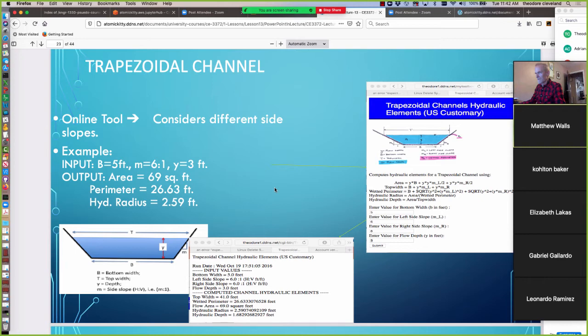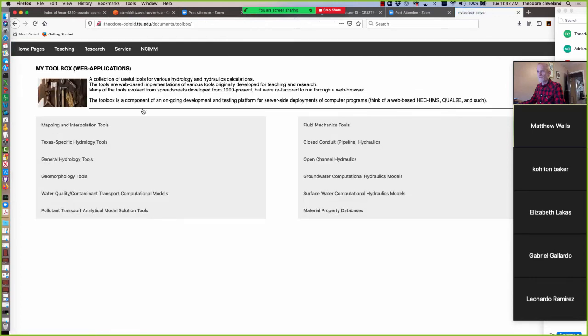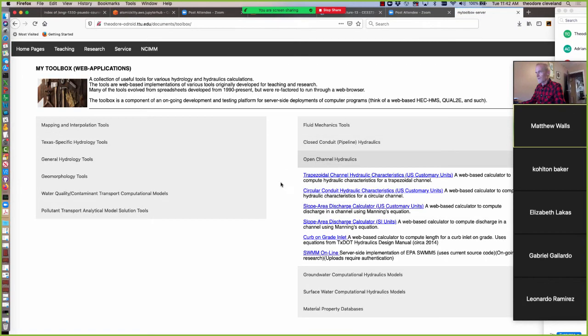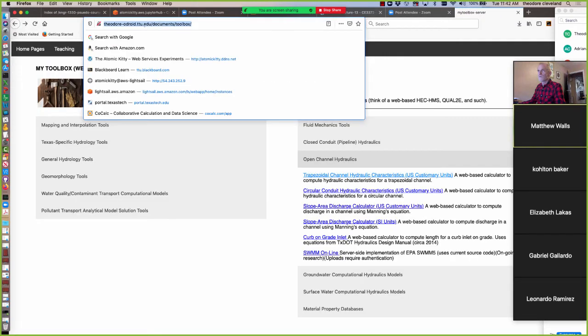Let's see if we can do that in a separate toolkit. I want open channel hydraulics, trapezoidal channel, and it's broke. Of course it's broke.